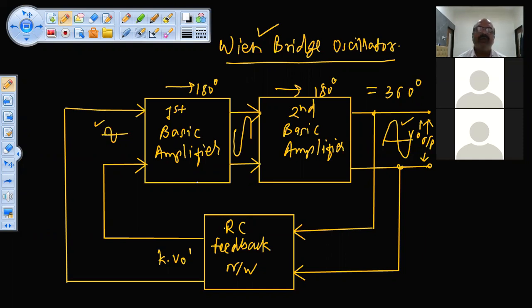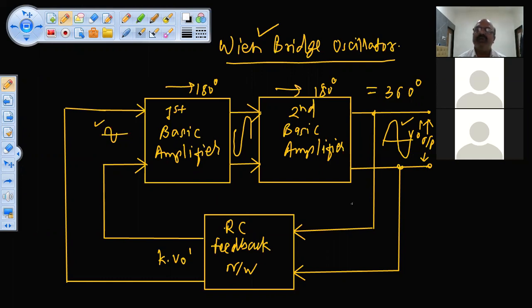So it is a two-stage amplifier, you can say. The first stage is the first basic amplifier, the second stage is the second basic amplifier. Each basic amplifier provides 180 degrees phase shift. So the total phase shift becomes 360 degrees. It means that the output signal and the input signal are in phase with each other.